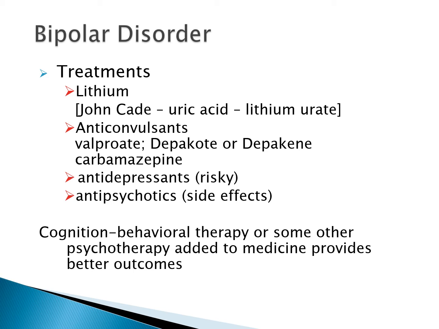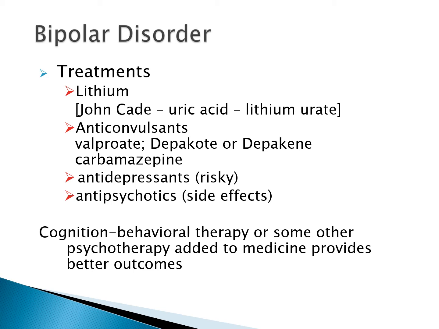Normally, if we were at animal trials, and especially these days, you'd have to go through a lot of various studies, getting permissions, defending the idea that this might be safe for humans as well. But what John Cade did back in the day was he just tried the lithium urate himself, and he was fine.